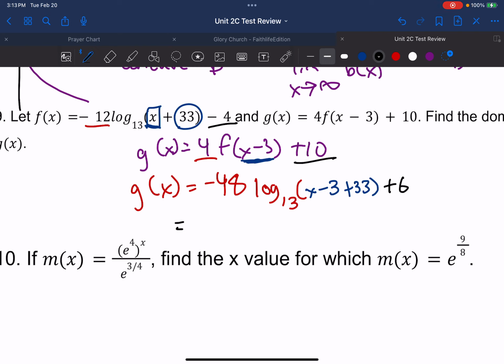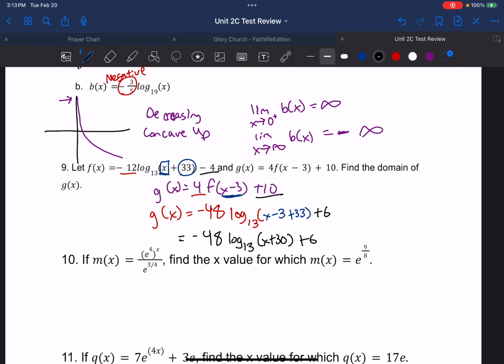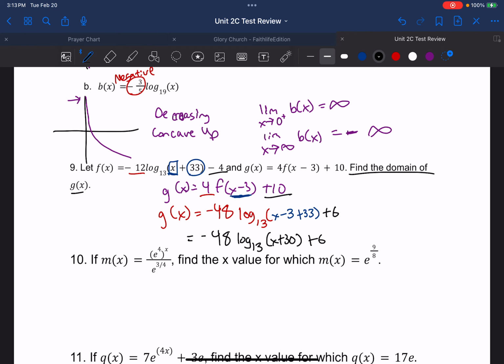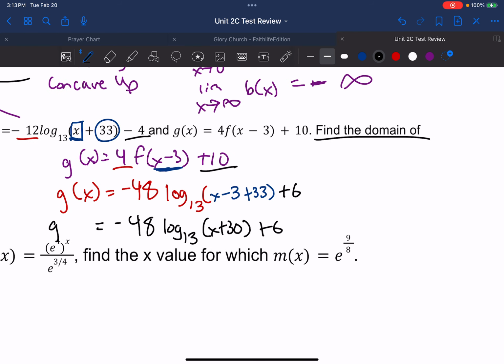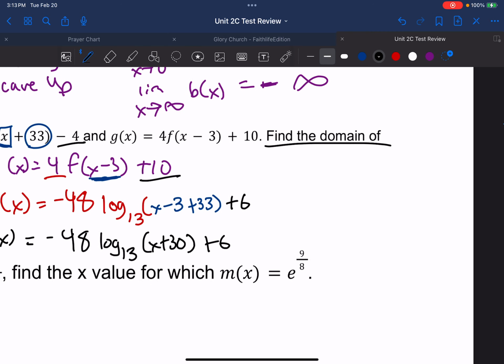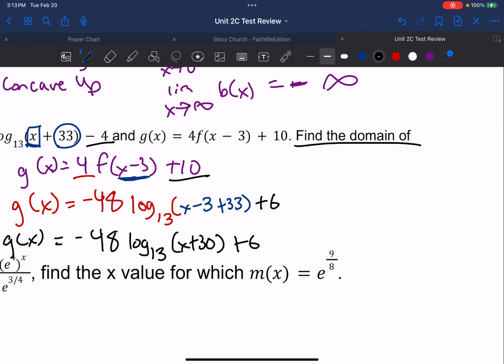And then I can combine like terms in the argument, in the parentheses. Negative 3 plus 33 is going to be plus 30. And remember, it wants me to find the domain of g of x. So remember the domain of a log.